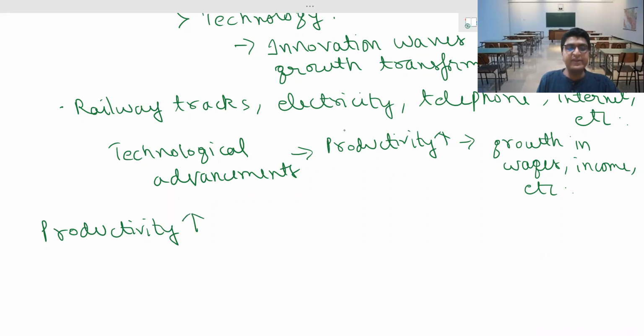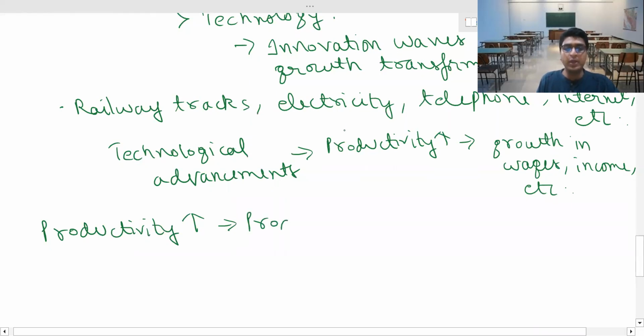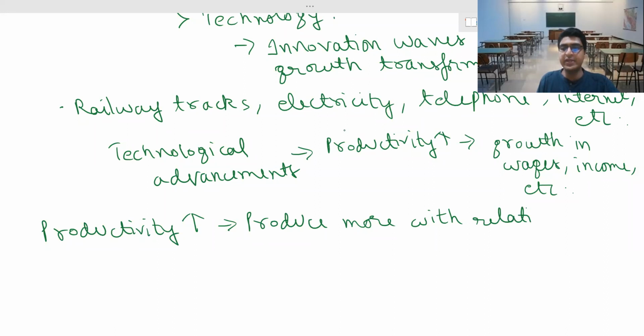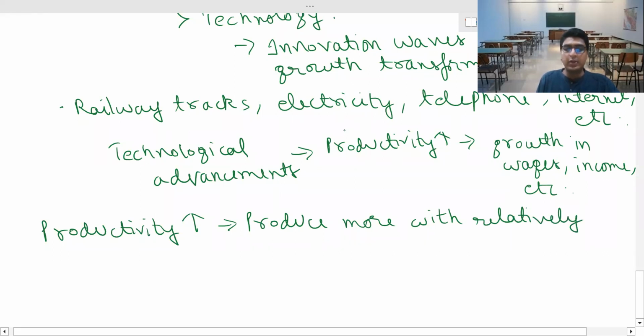Productivity basically means, when we say that there is an increase in productivity, it means that you can produce more with relatively less input. आप जिस भी situation से compare कर रहे हो, as compared to that, you have to use relatively less input to produce the same level of output, or you can produce more output with even lesser input. So that is even more productivity.